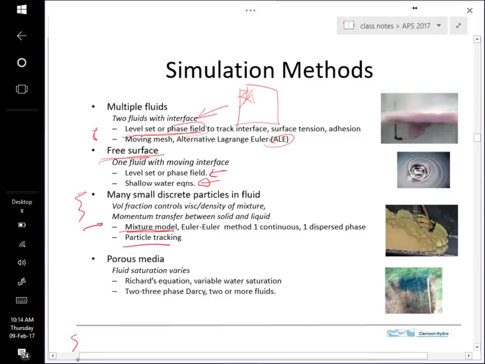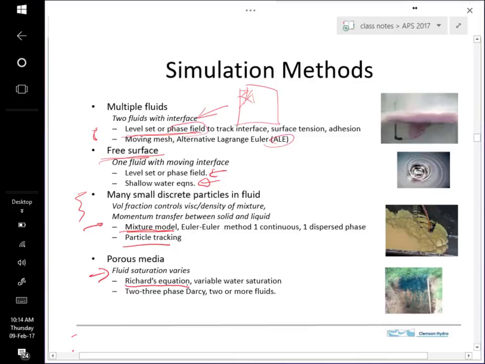And then there are these porous media problems, and these will involve allowing the fluid saturation to vary, and there are a couple of different ways of doing that. If we're just interested in the water and not so interested in what the gas is doing, then the Richards equation provides a path forward for that.